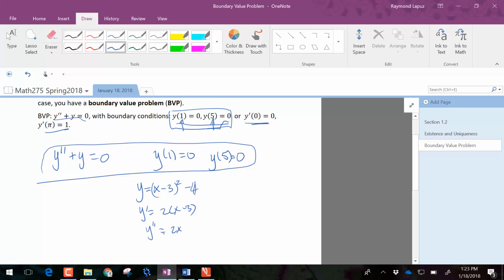So we have to add these two and come up with 0. I don't know. Is that right? Oh, just get 2. Is that right? So y double prime plus y, is that equal to 0? 2 plus, I don't think so, right?